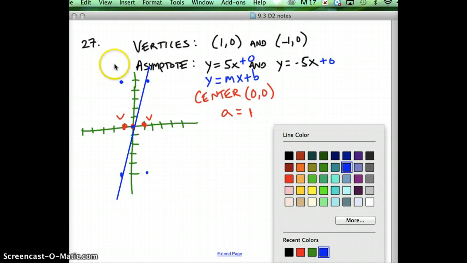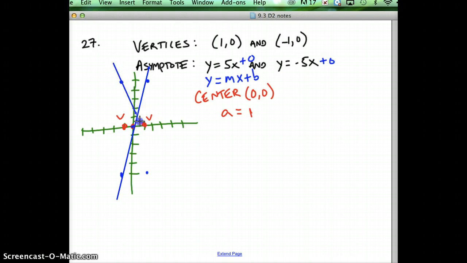Okay, so you get the general idea that those are the two asymptotes. And we know that our parabolas would be opening left and right, so it would look something like this.